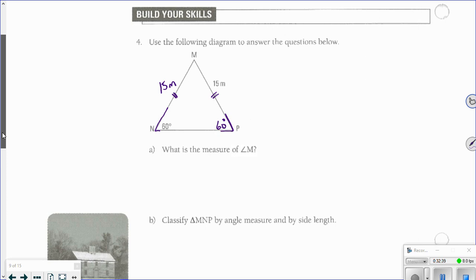So I know if one angle is 60, the other is also 60. I'm looking for the measure of angle M, which is this top angle. Now I know two of the angles in my triangle. I can find the third one by doing 180 degrees minus the two angles I know. So 180 minus 120 is also 60 degrees.